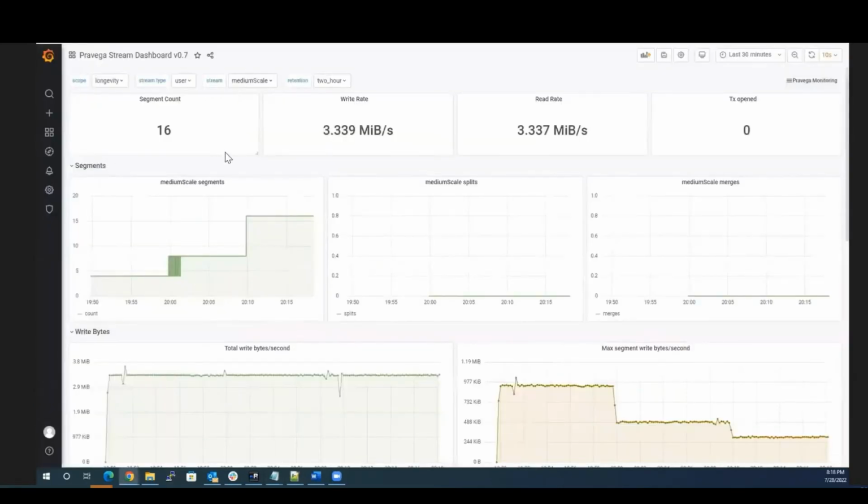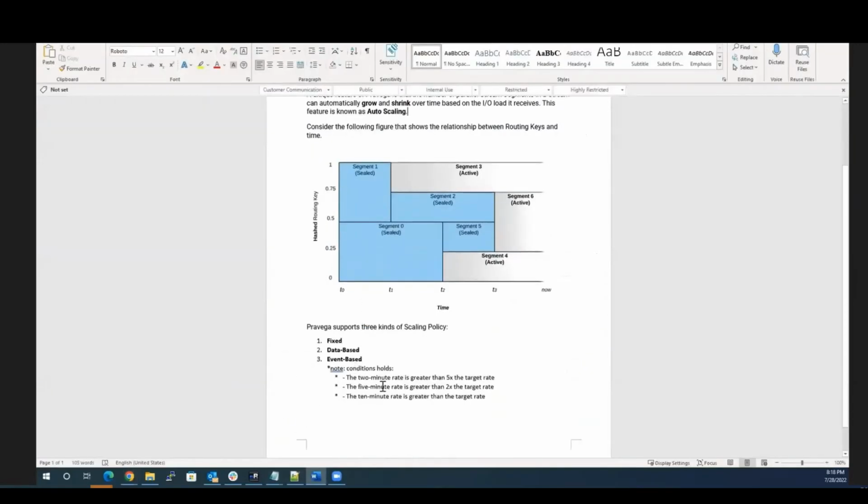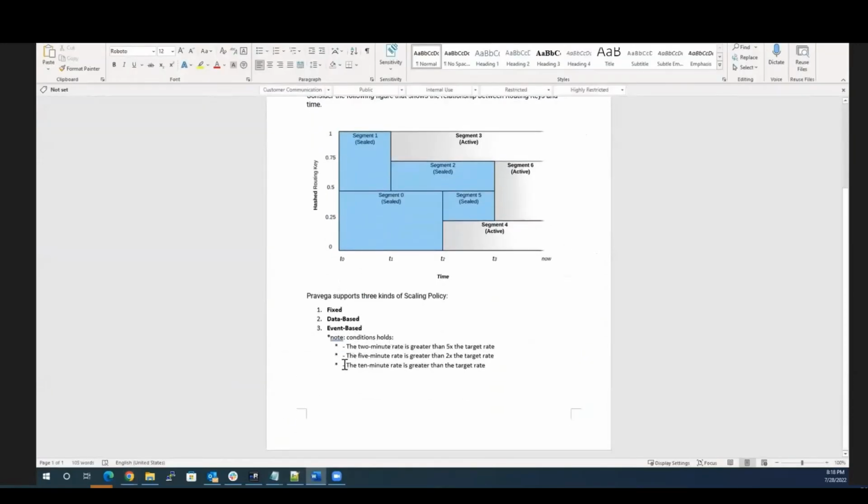And if we now observe the metrics, we can see that the initial segment value that was created for the stream was 4, and after a considerable period of time, which is a condition of scaling here.